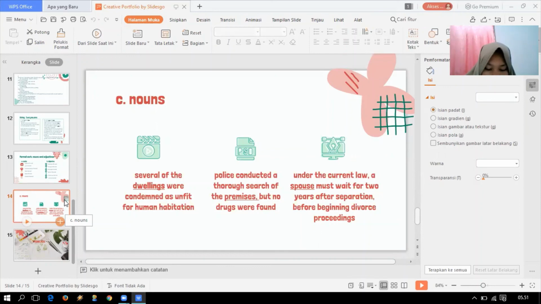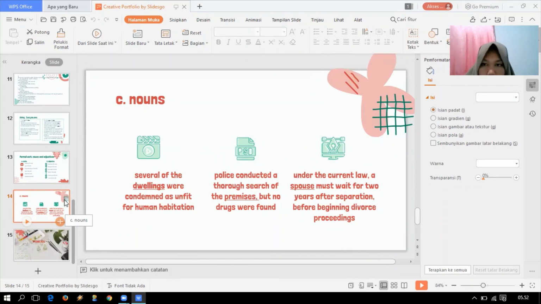A dwelling means a place where someone lives without having to specify whether it is a house or flat. And premises means a building or buildings, whether it is an office or a shop. Politicians sometimes make pledges rather than promises, and countries may use an embargo rather than a ban to prevent some form of trade.